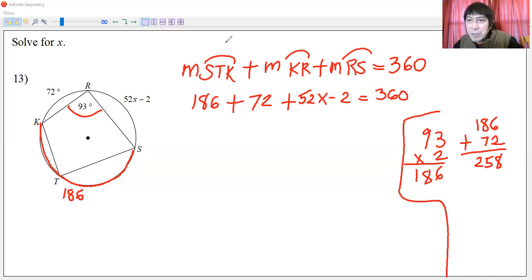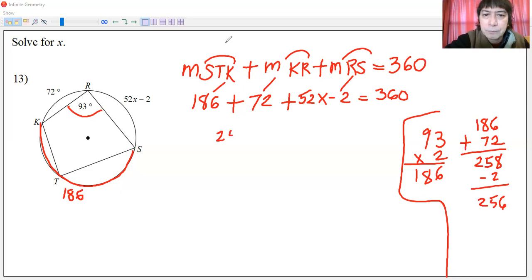There's a negative 2 there, so we will subtract the 2. That means we have 256. So combining all the numbers, 186, 72, and the negative 2, we have 256. And then we add the 52x. This equates to 360 there.